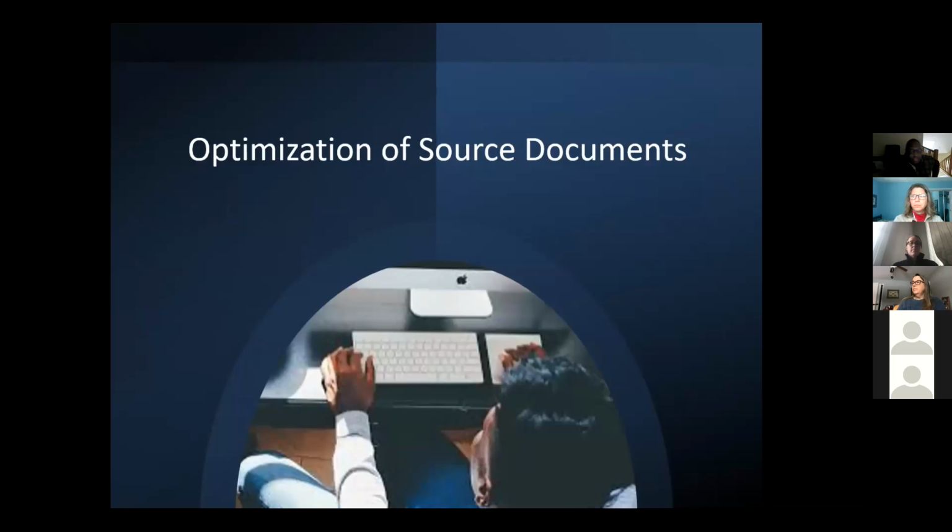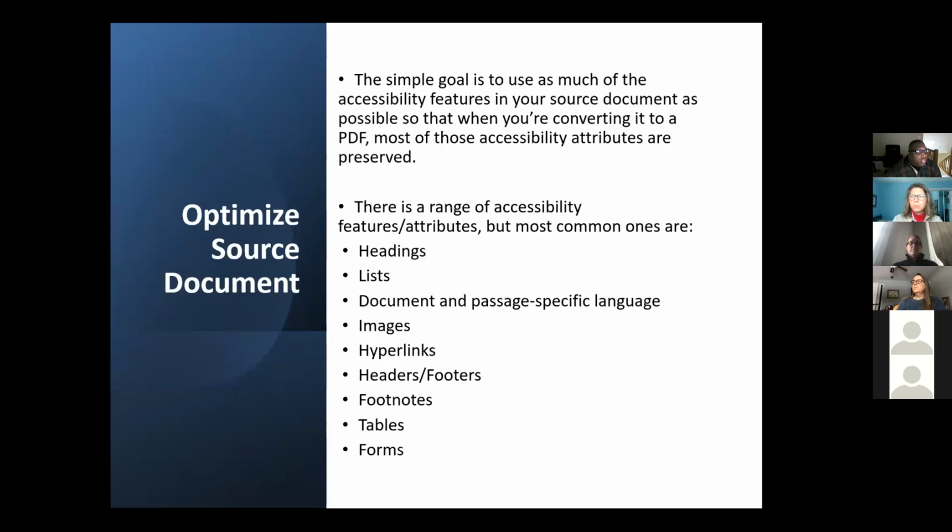All right, optimization of source documents. We will now get into it. So basically, the simple goal is to use as many accessibility features in your source document as you can.